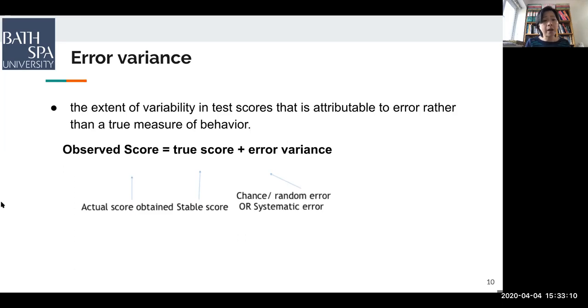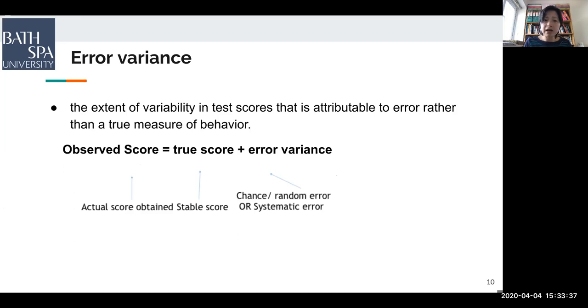So we have the observed score, which is the actual score obtained from your data. And then we can calculate the true score, which is the stable score. And then we can also calculate error variance, that is by chance, which could be based on random error or systematic error.